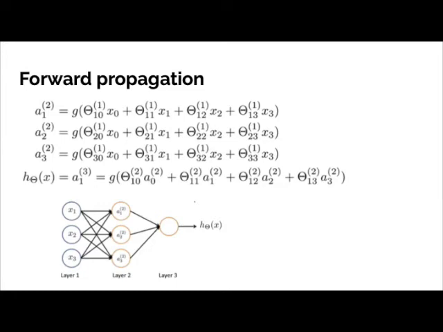So once we sum the values from all the different inputs X0 all the way to X3, we then put this into a function G, where G in this case could be the activation function, which could be the sigmoid or the ReLU or the tanh that we've seen before. And so this then gives it the nonlinearity.